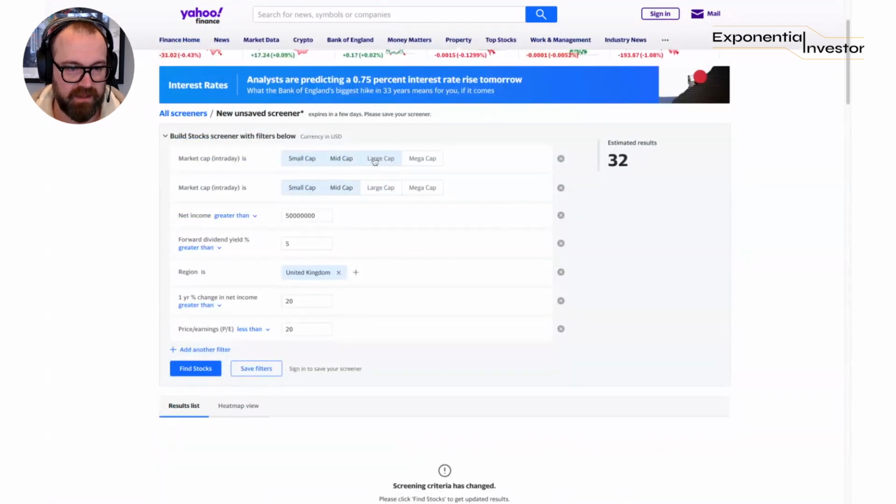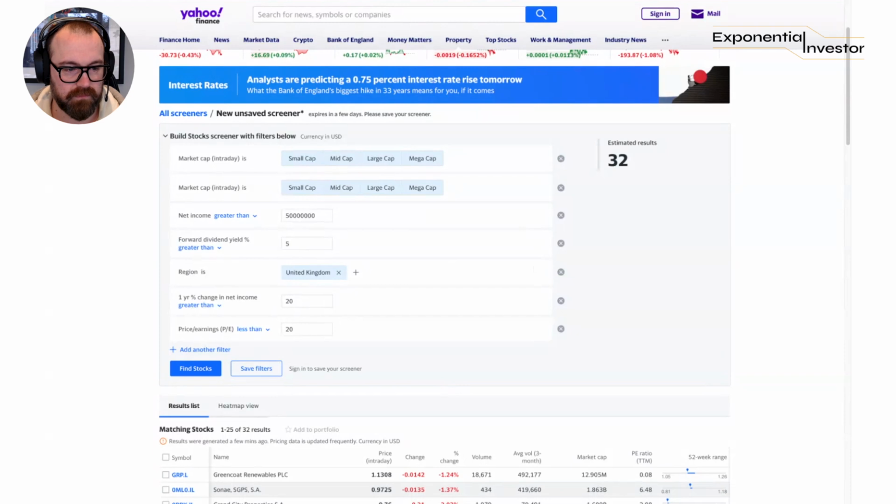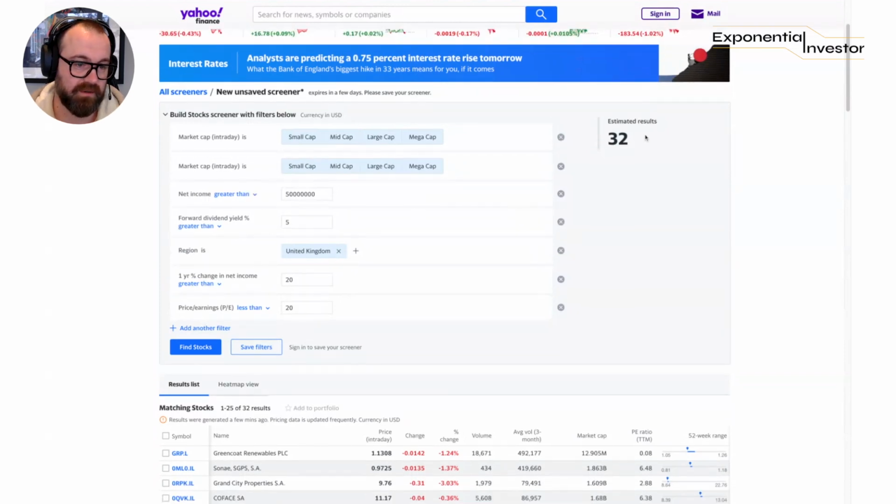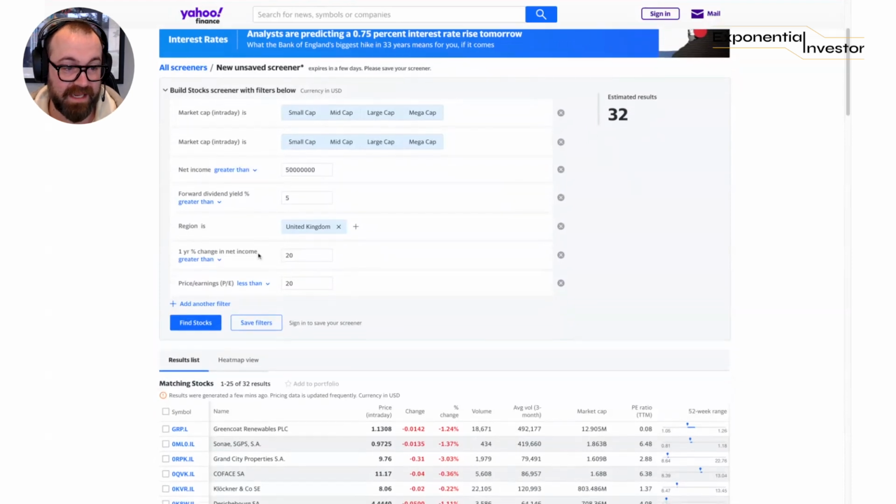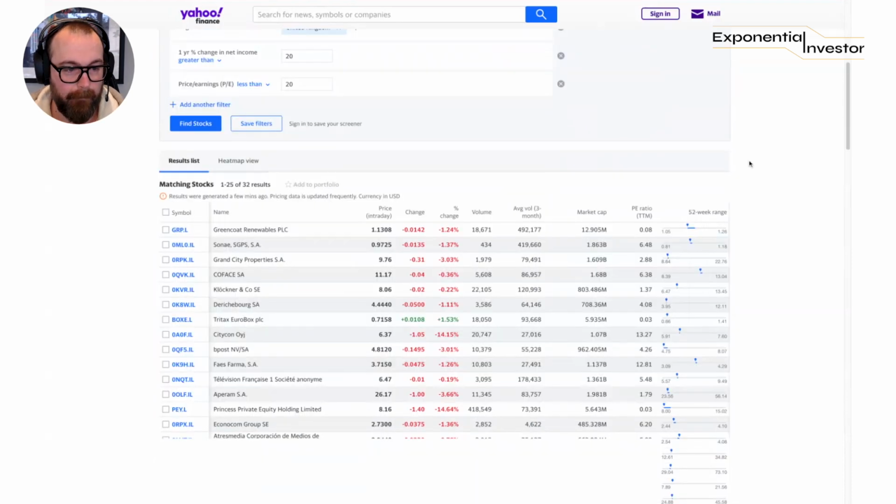If we expand that universe out and just go for all caps, and then we find out stocks, still only going to pull us up with 32. Okay. Well, again, that's what these filters help to do.